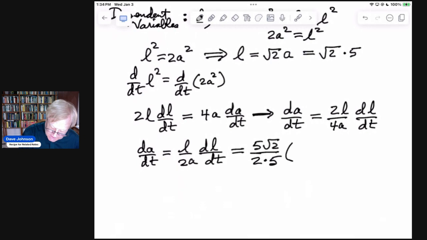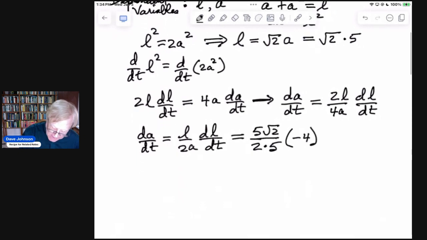And then dL/dt is -4. The 5's cancel. We can write this square root of 2 over 2 as 1 over the square root of 2. And then times -4. So -4 divided by the square root of 2.